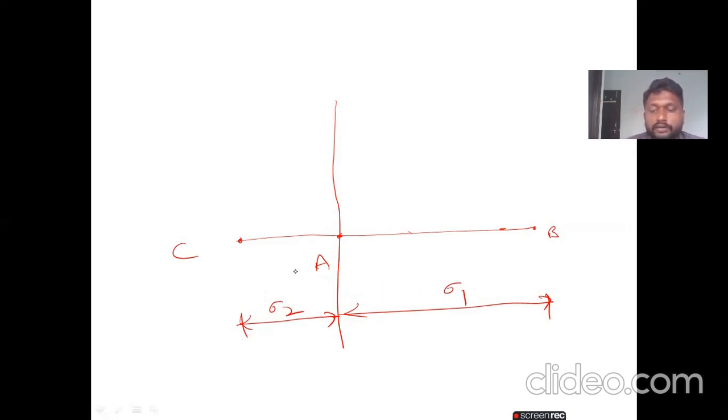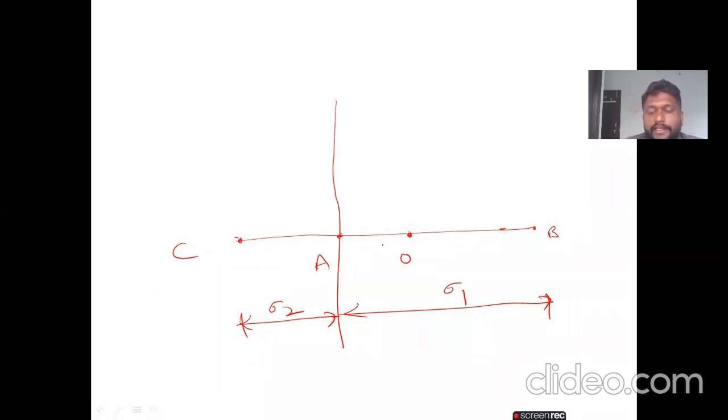Now bisect BC at O. Maybe it is the center point. With this O as the center and radius equal to CO, from here to here, this is the radius.